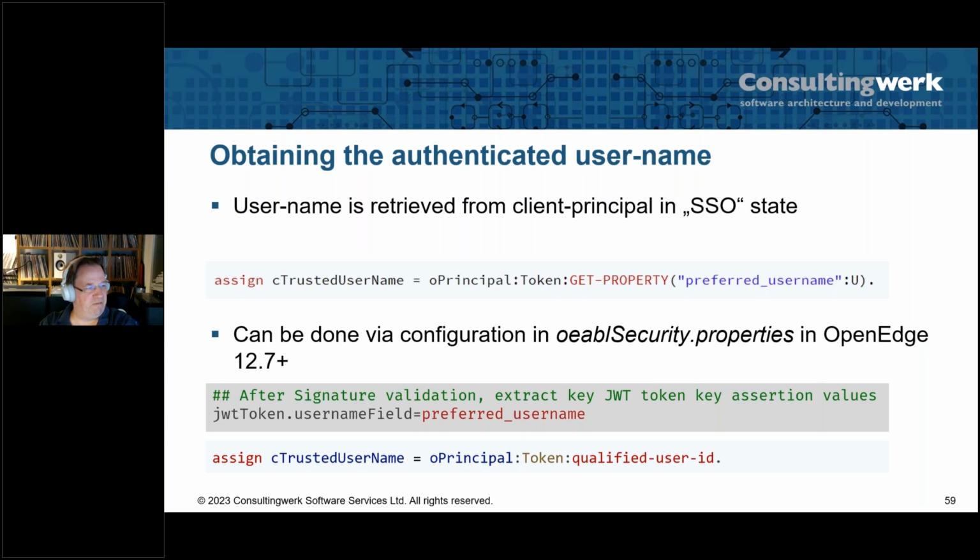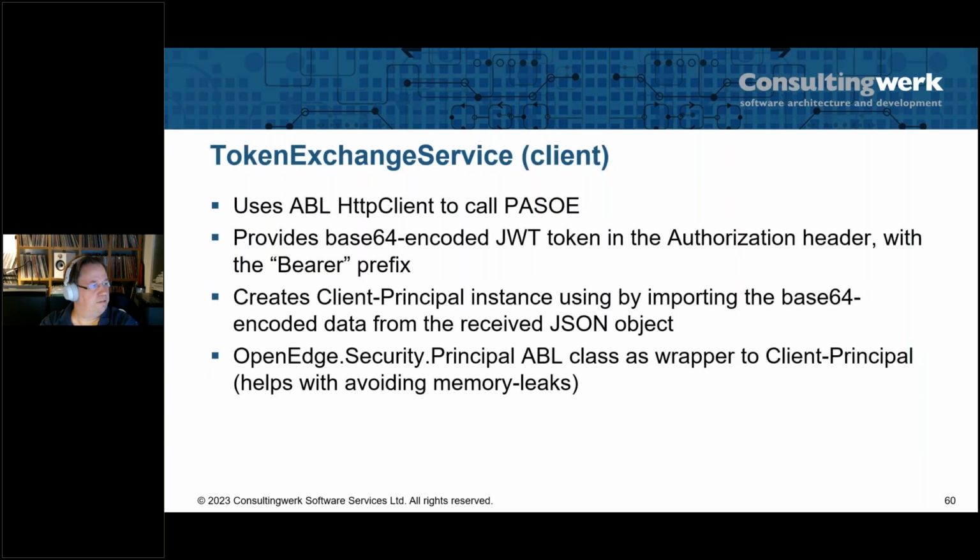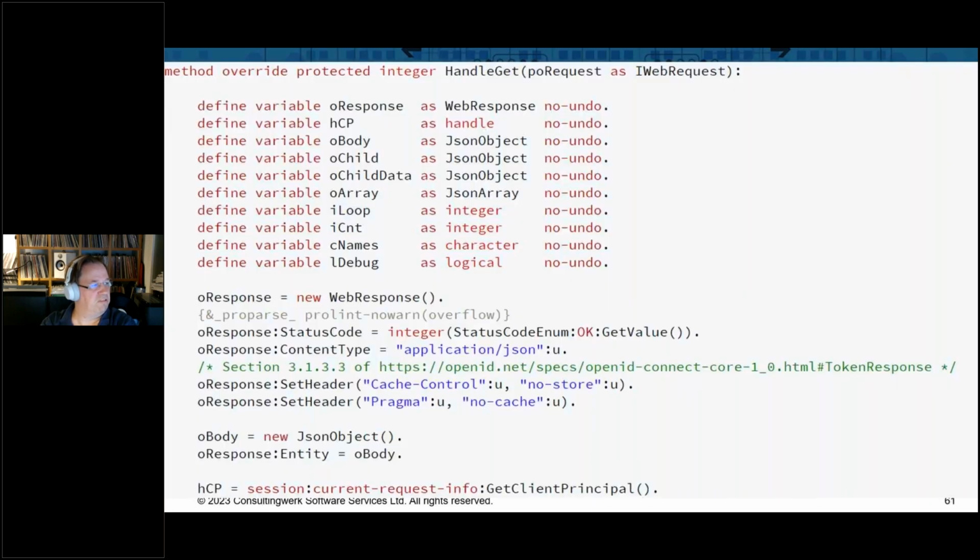But both of them have a get property method, so I can ask the client principal for this preferred username property. And yeah, so the ABL HTTP client makes a call. I think that's really just what I was introducing when I was going through the slides.